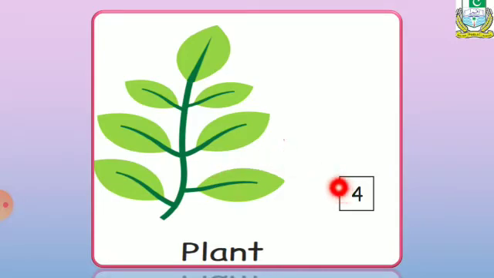What is happening in step number 4? Finally, we have a baby plant that has grown out of the seed and the seed has disappeared. Can you see the seed now? No more seed. The seed has grown into a baby plant and that is step 4 of life cycle of a tree.